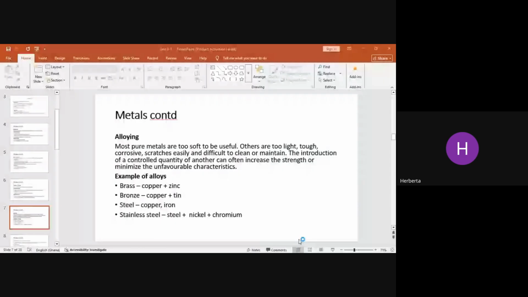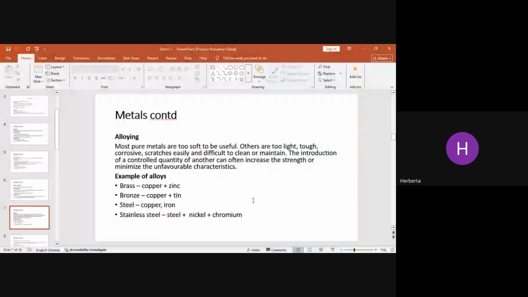Then we have some metals that are called alloy metals. When you talk about alloy metals, they are metals that are a combination of two metals put together to form one metal. We have some characteristics of some metals. Some metals do not rust, others rust easily.